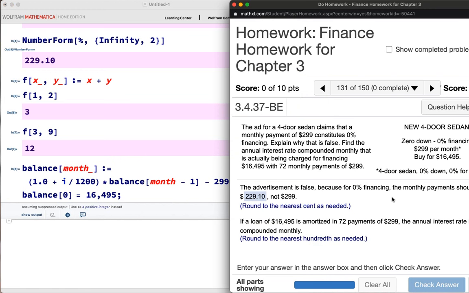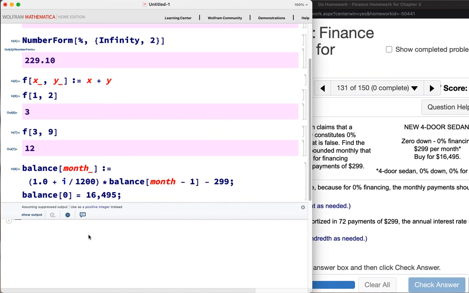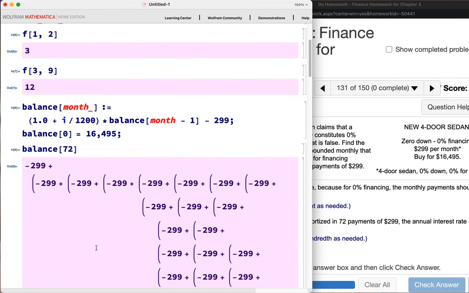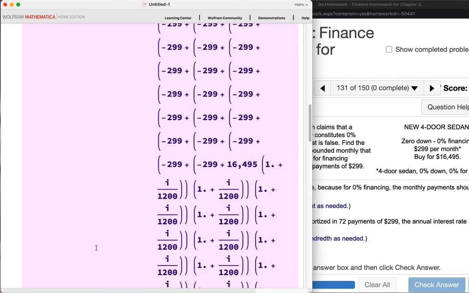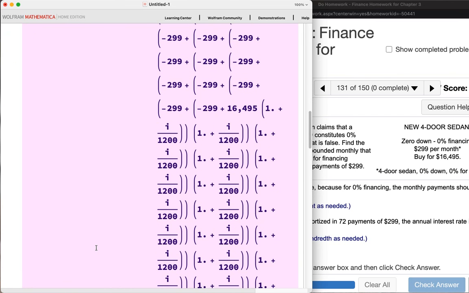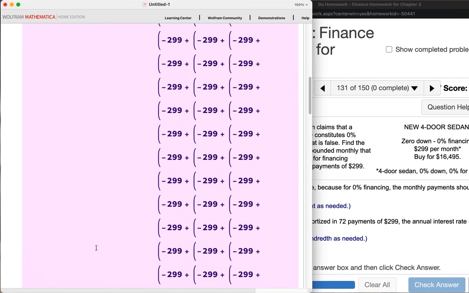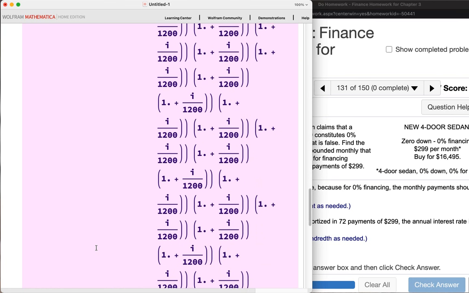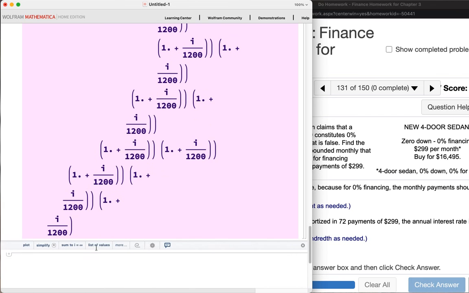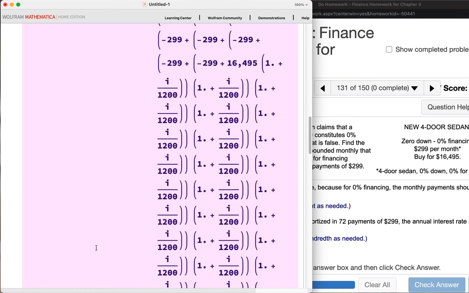Okay, so let's see, 72 payments. Well, I could just do this. This is not going to look very pretty. This is really messy and complicated. It is a legitimate output, but it's very messy and very complicated.